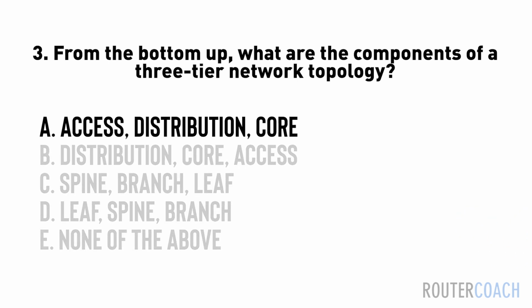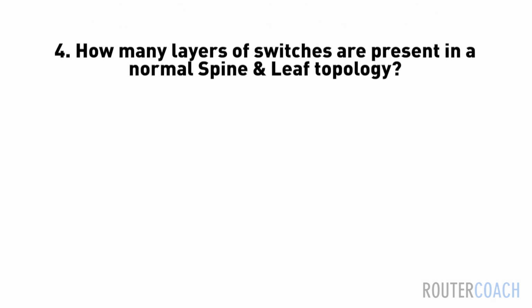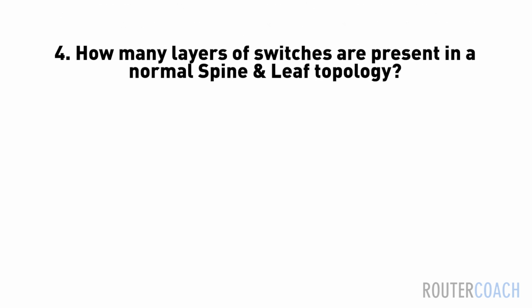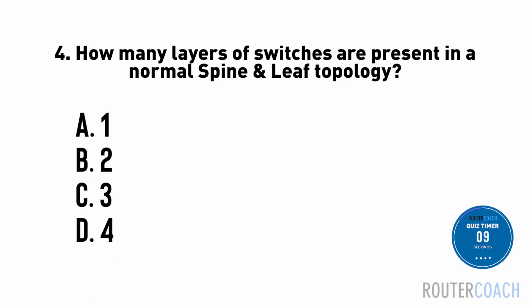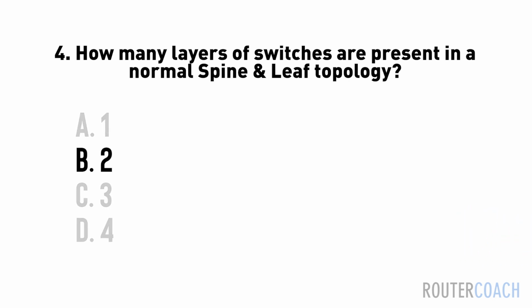The answer is A. 4. How many layers of switches are present in a normal spine and leaf topology? A. 1, B. 2, C. 3, D. 4. The answer is B.